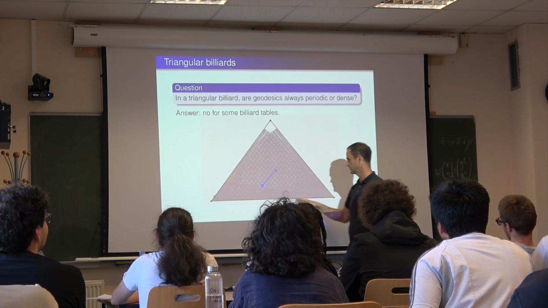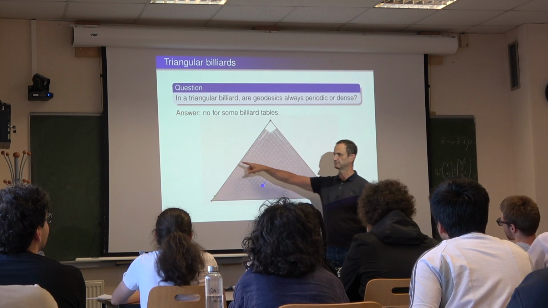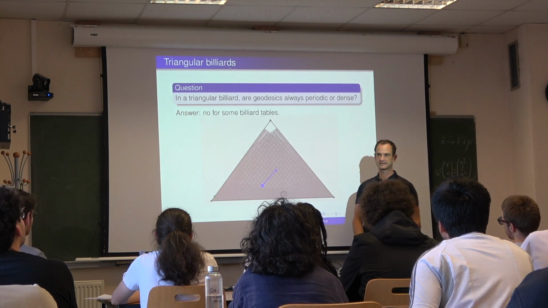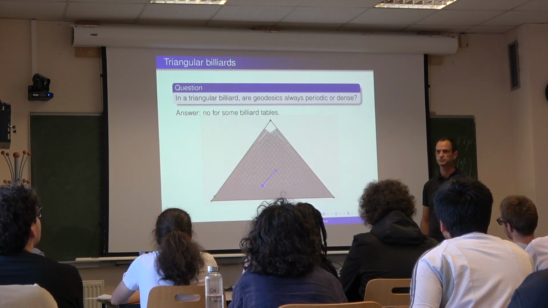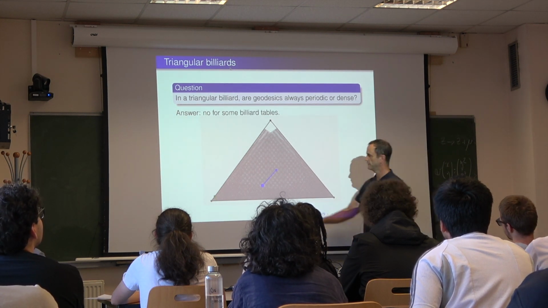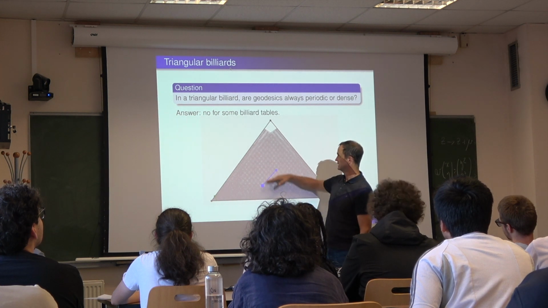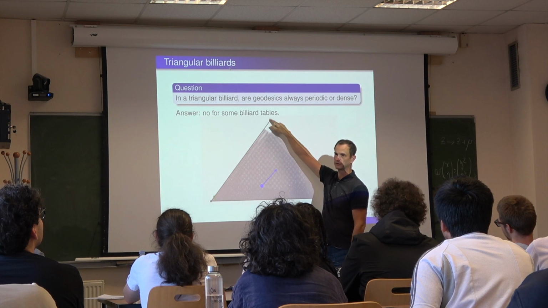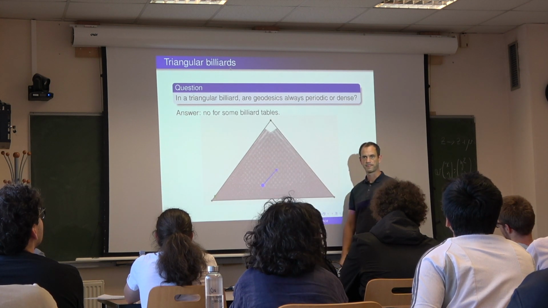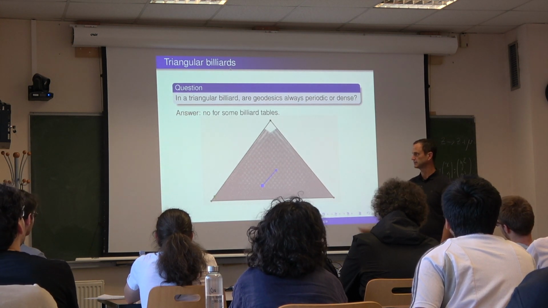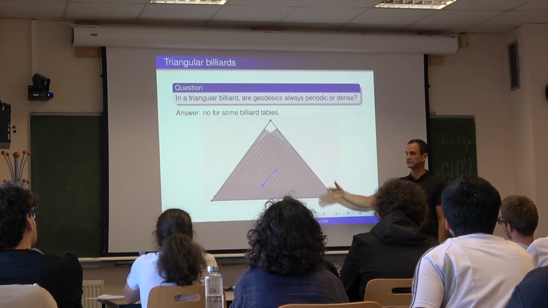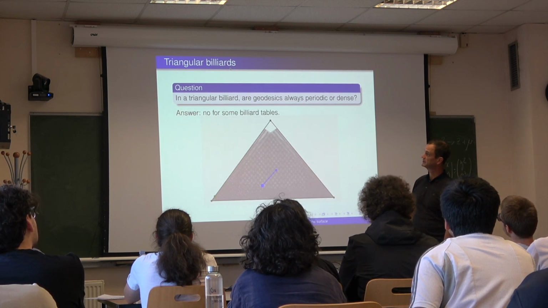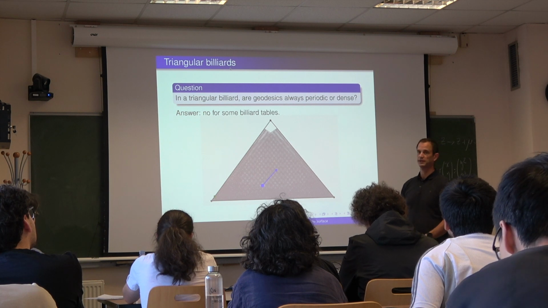The two angles here are the same. The two sides here have the same size. And I think this symmetry is important to be able to build the example. And the orbit here is dense in a subsurface but avoids a neighborhood of this corner. And so there exist triangular billiards where orbits are neither dense nor periodic.